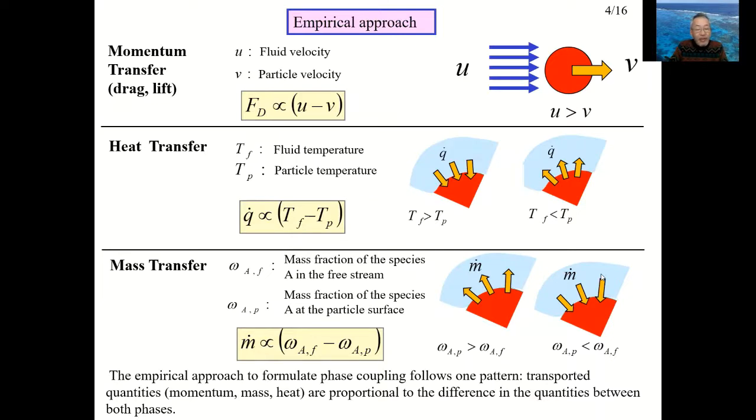Empirical coefficients are put before the term of difference. As explained in lecture 3, there are various empirical formulas for drag coefficient. In the case of heat and mass transfer, more formulas come out than in the case of momentum transfer.